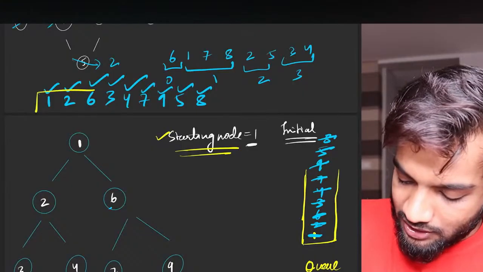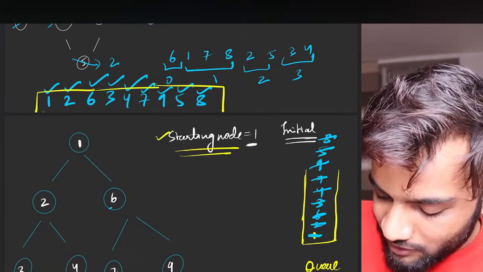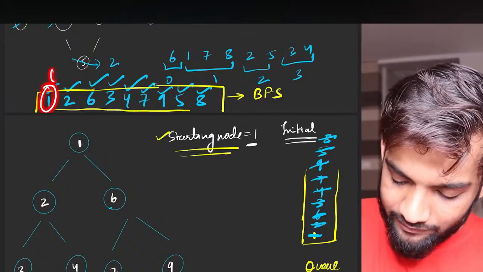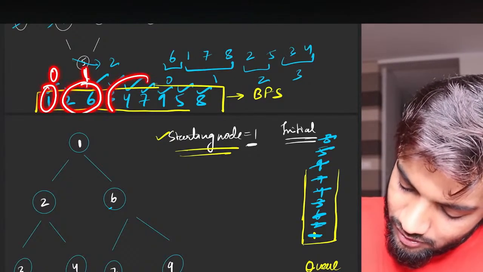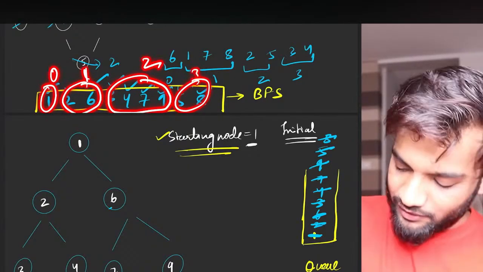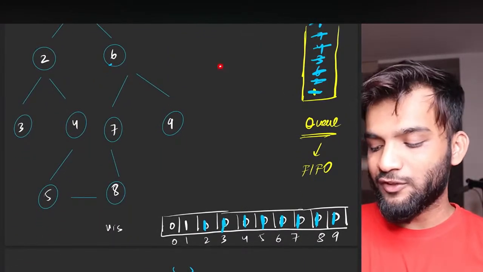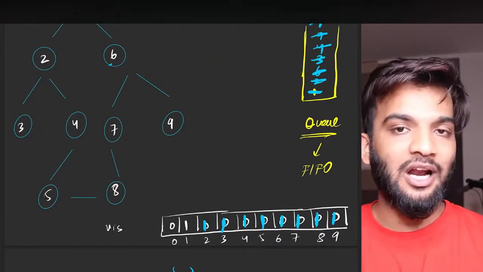If you see, this is your BFS traversal: 0th level, 1st level, 2nd level, and the 3rd level. So we were successfully able to print the BFS traversal of a particular graph.